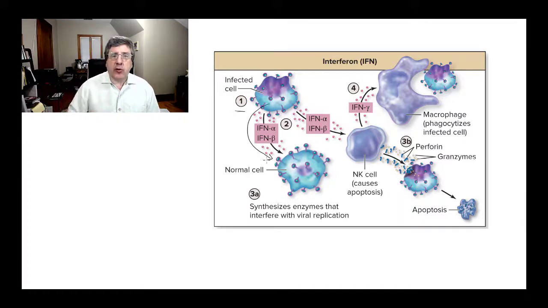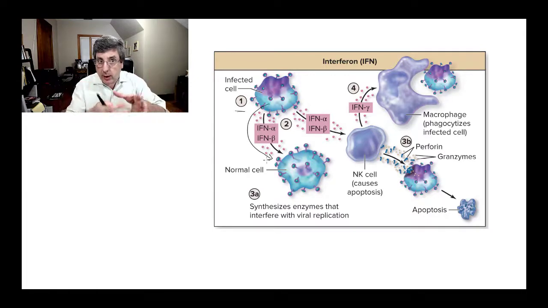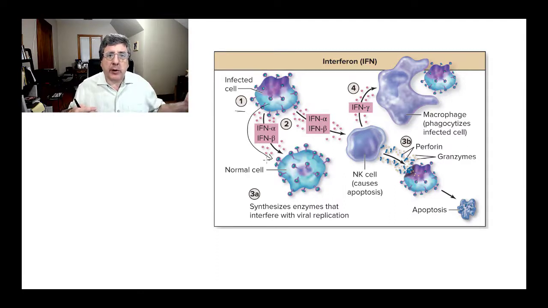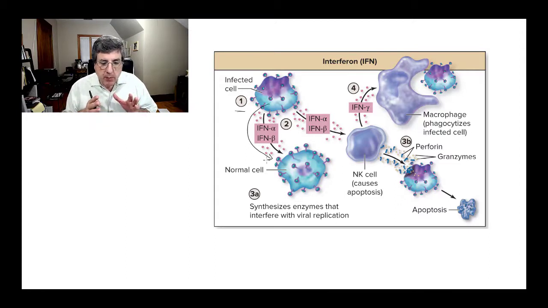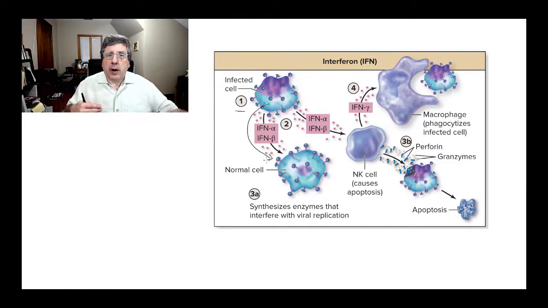It enters the cell, and it basically tells the nucleus, the DNA in there, because that's where your protein stuff originates from, hey, we've got a problem out here in the neighborhood. Start making proteins that will prohibit RNA or DNA replication. Basically, shut down your factories.